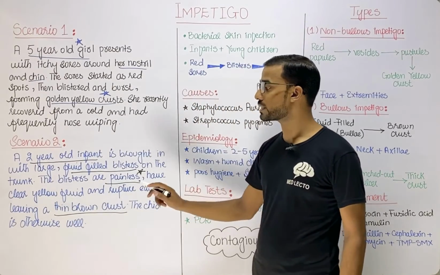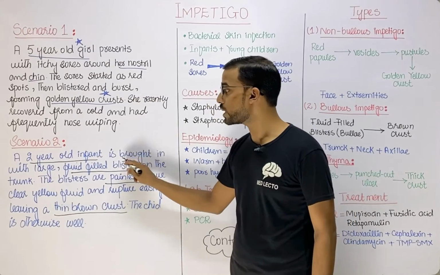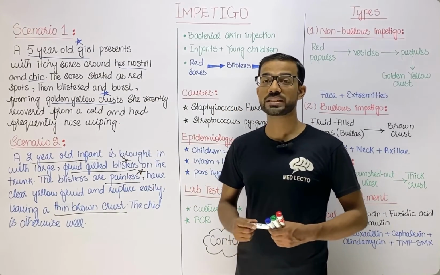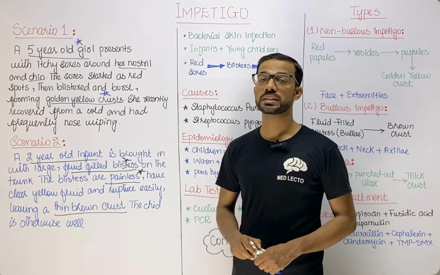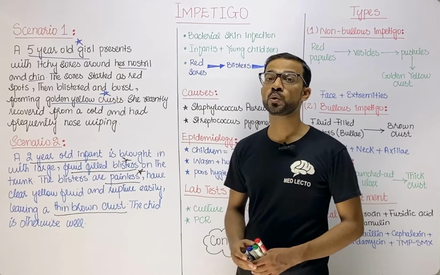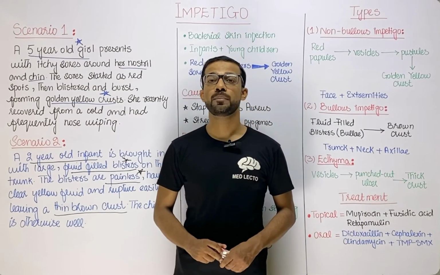The child is otherwise well. So it's obviously large fluid-filled blisters or bullae, so it points towards bullous impetigo. So here are the different scenarios related to the two types of impetigo, non-bullous impetigo and bullous impetigo.